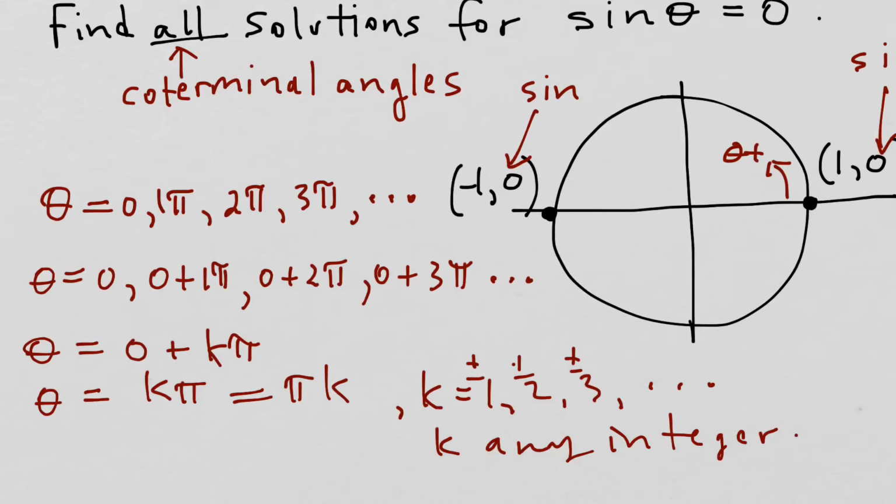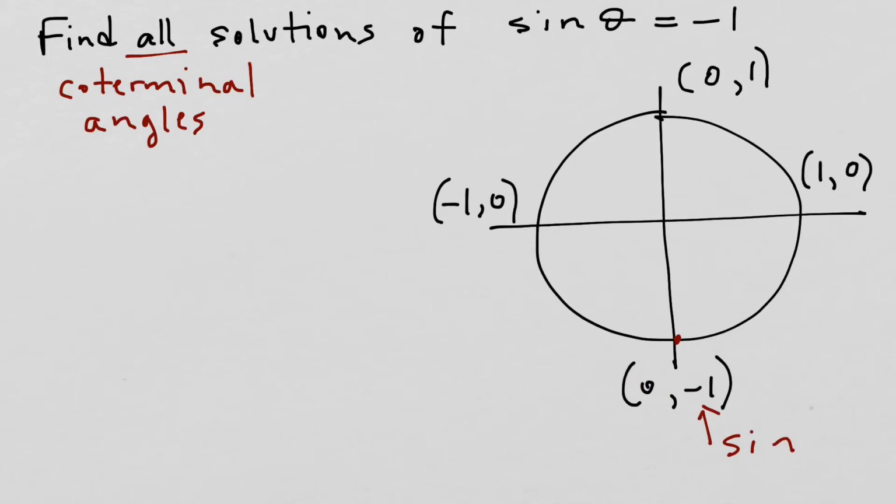All right, let's try another one of these general forms. This time we're going to find all solutions of sine theta is equal to -1. This word "all" again is telling you we want all of the coterminal angles, all of the angles that have this sine.